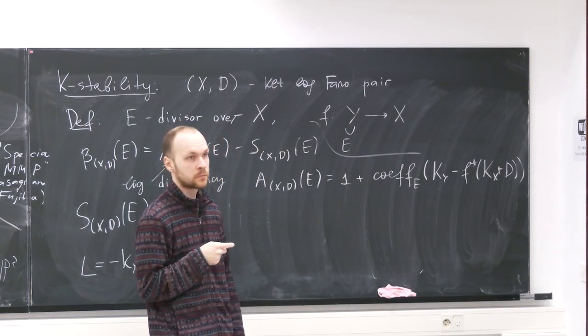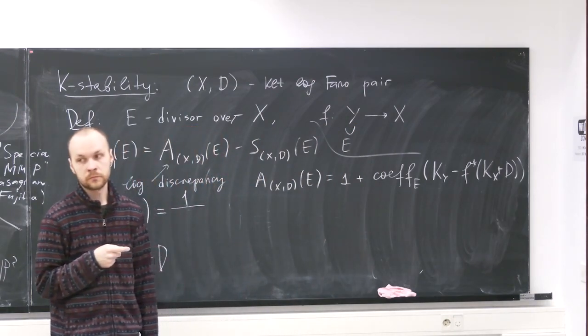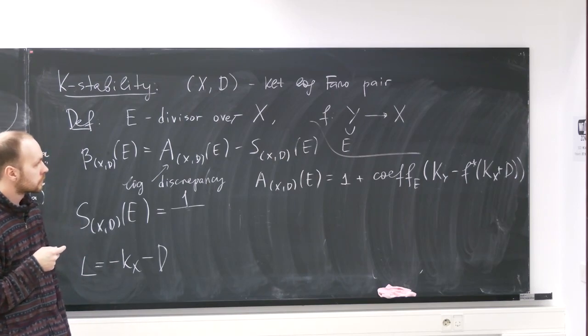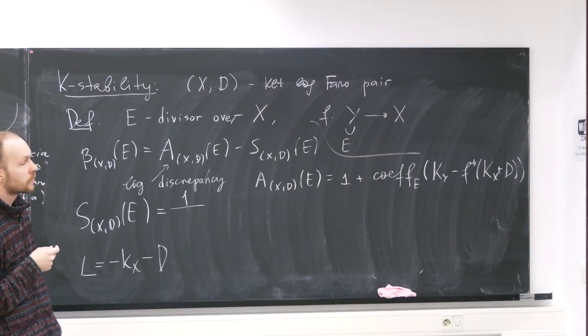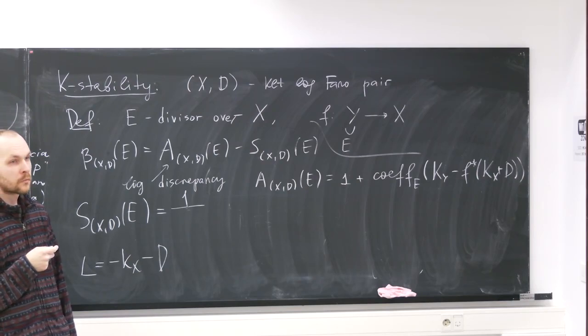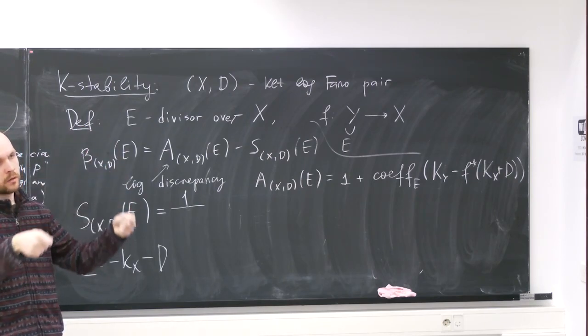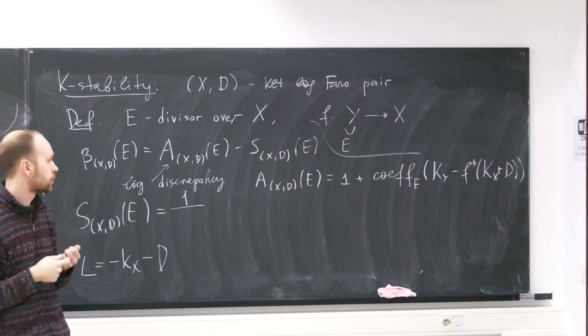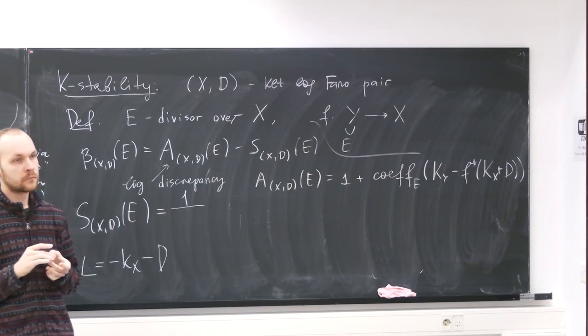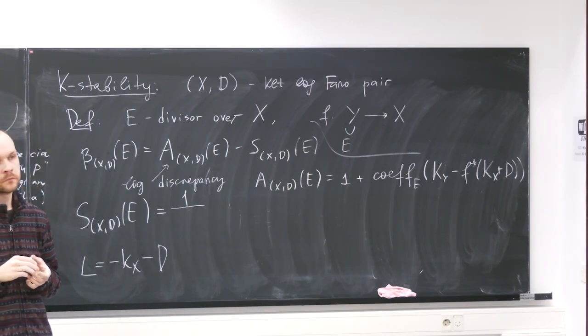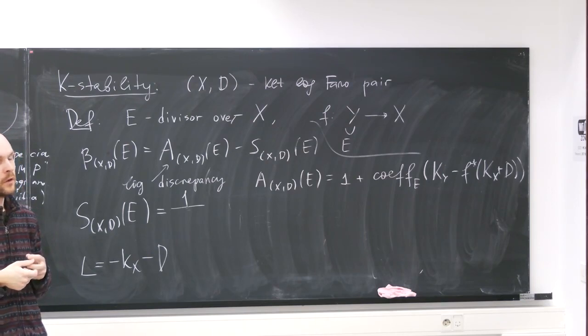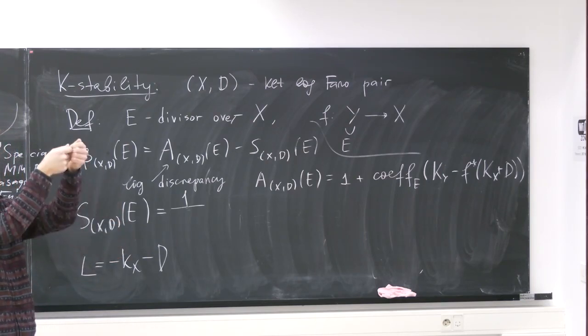No. Is it correct that this definition is independent of the choice of a model? Yes, because Y is smooth at a generic point of E. If you have two models, you make a further model.